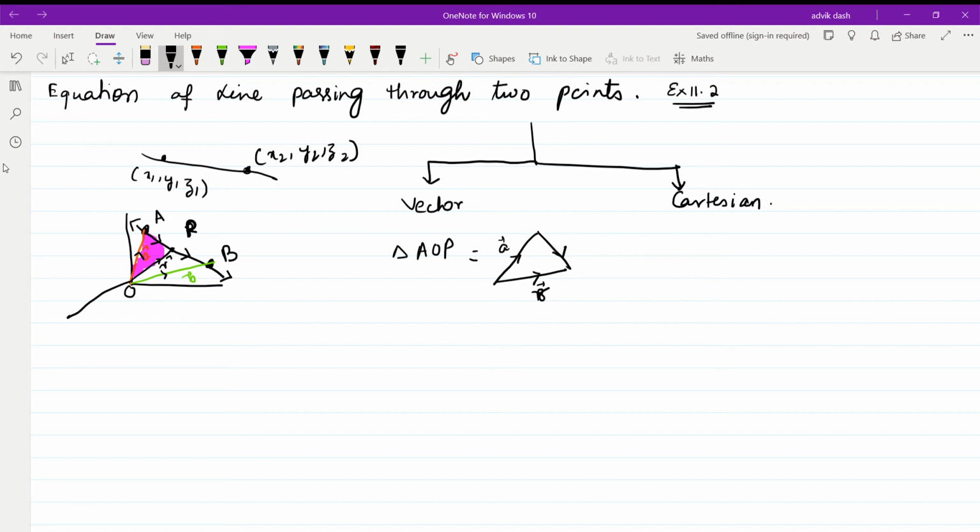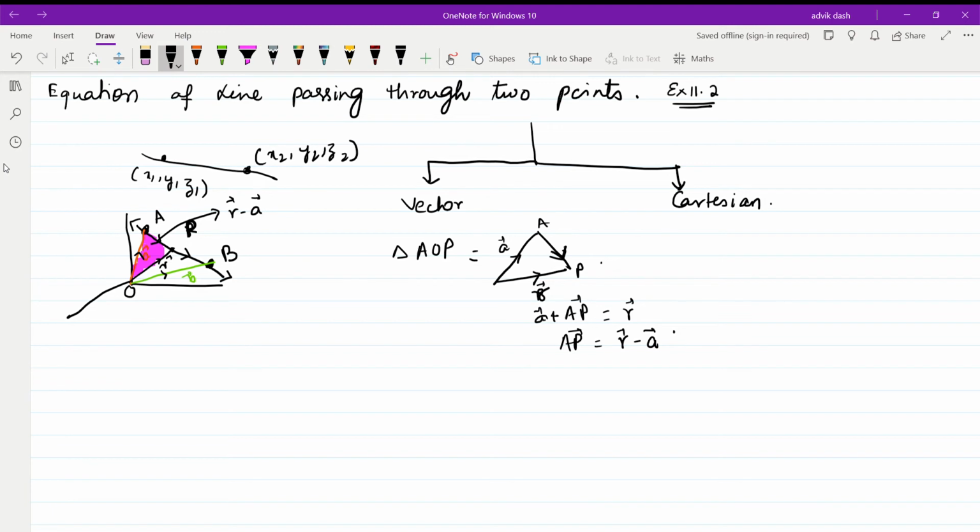So according to the triangular law of vectors, A vector plus AP vector is equal to R vector. So AP vector is equal to R minus A vector. So we got this vector as R minus A vector.